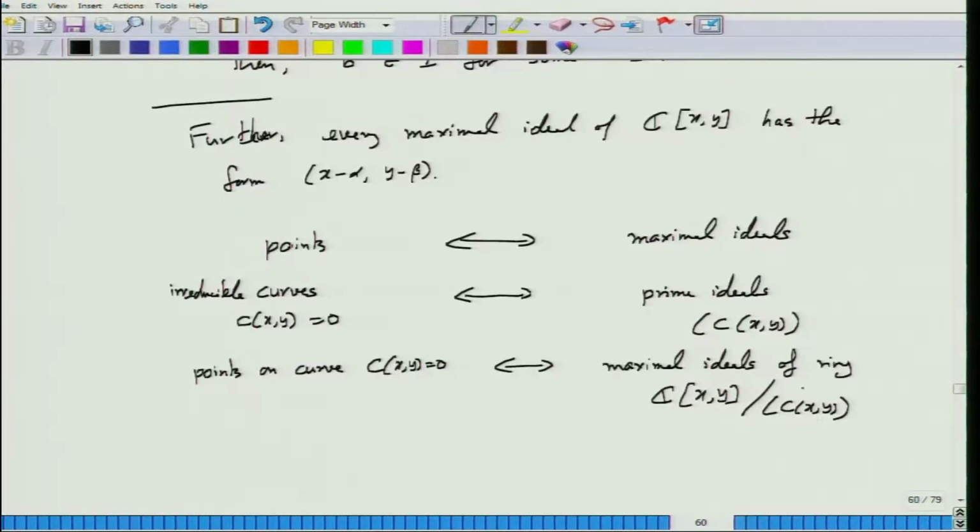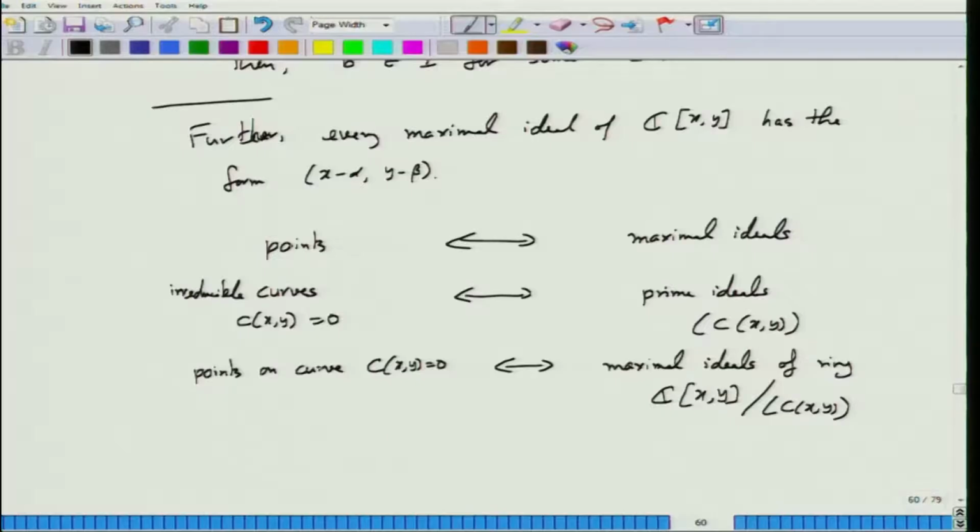Now maximal ideals of this quotient ring correspond to points on this curve, C(x, y) equal to 0. When we say curve, how do we identify the collection of points? We can always write a curve algebraically, say y cubed equals x squared minus 2, or whatever that equation is. So that much of a correspondence we already had. But going beyond that, points on that particular curve correspond to maximal ideals of this ring.